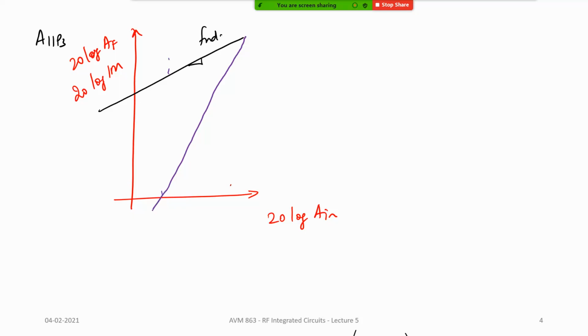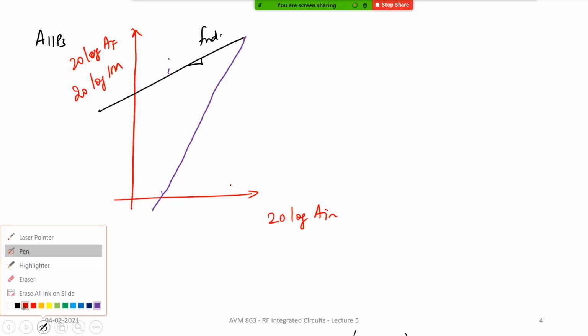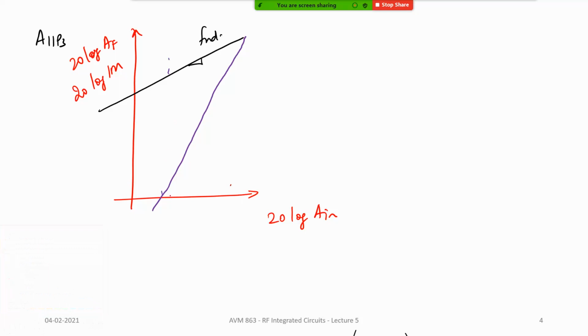Now, if you take any point, let's take this particular point, which is fairly on the linear side, and let's say this is your IIP3.